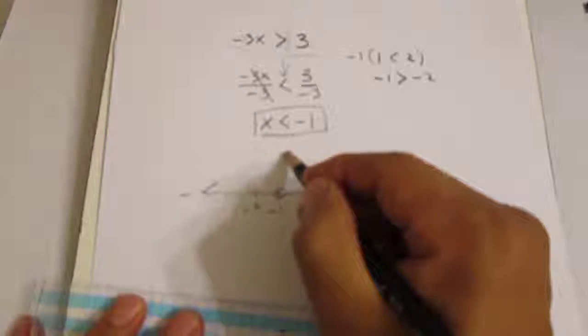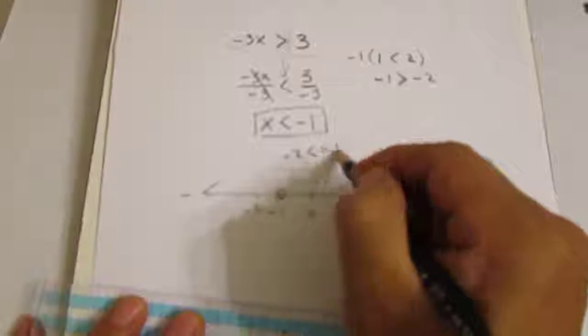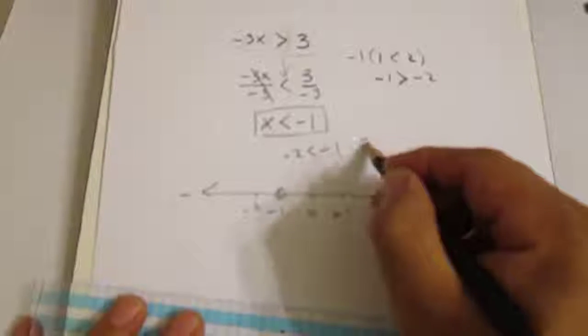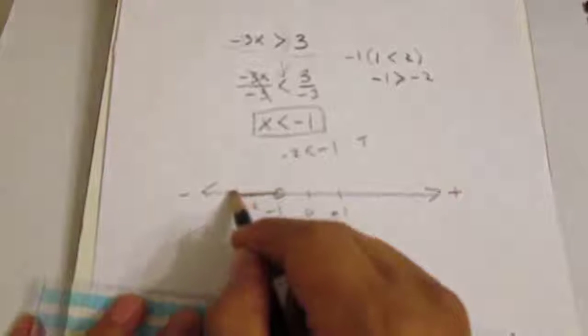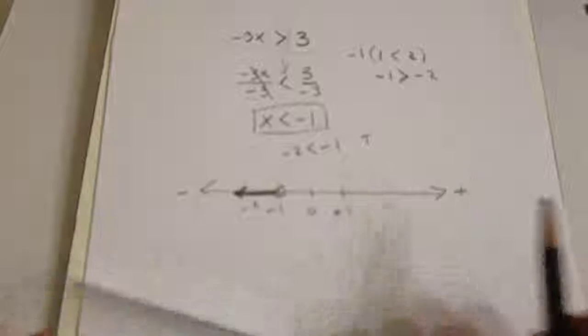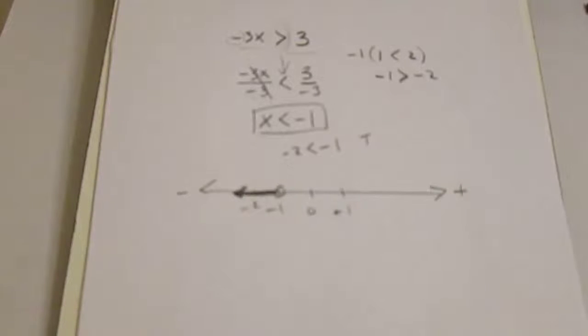So negative 2 is less than 1, and that statement is correct. That's true. So therefore I'm going to keep that true side. Like I said, if it's false, it's the other side. Alright, next problem.